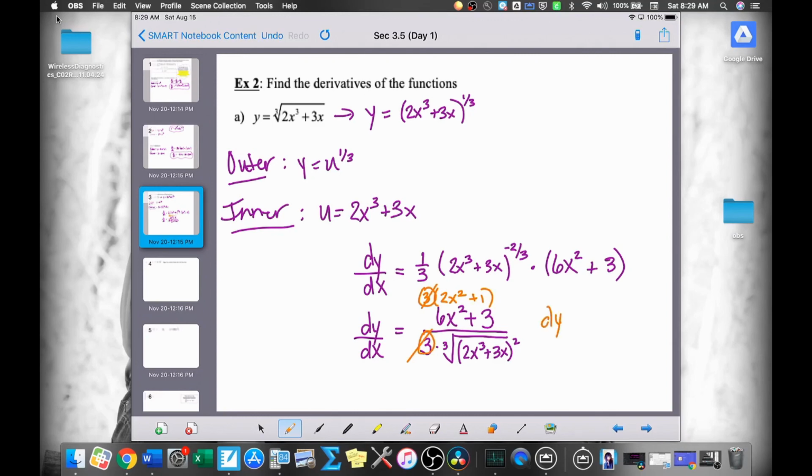So our final answer in its most simplified form, dy dx is equal to 2x squared plus 1 over the cube root of 2x cubed plus 3x quantity squared. Doesn't look very pretty, but that's our derivative.